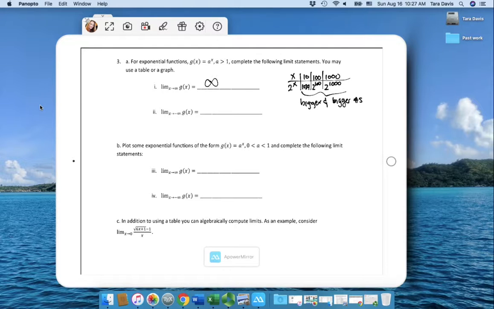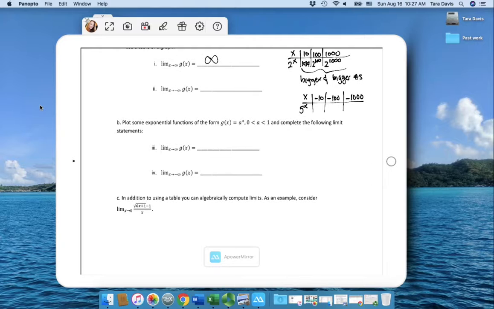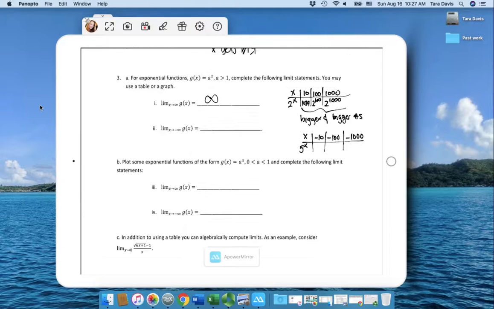Okay? And then for the second part, we want to know what happens as x goes to negative infinity. So that means that x will be like a huge number, like a million or whatever, but it's going to be negative. For this one, we can make a different table. We could try, say, 5 to the x, just to have a different example. And then I'm going to use negative big numbers like this to get started and see if I can find any kind of pattern.